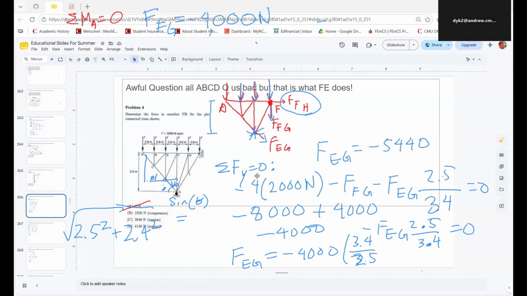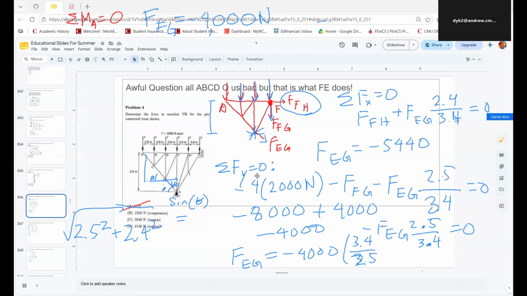Okay, and if I remember correctly, the summation of Fx equals 0 can be used. So FEH plus FEG with once again 2.4 divided by 3.4, was it 3.4? Yeah, 3.4 equals 0.